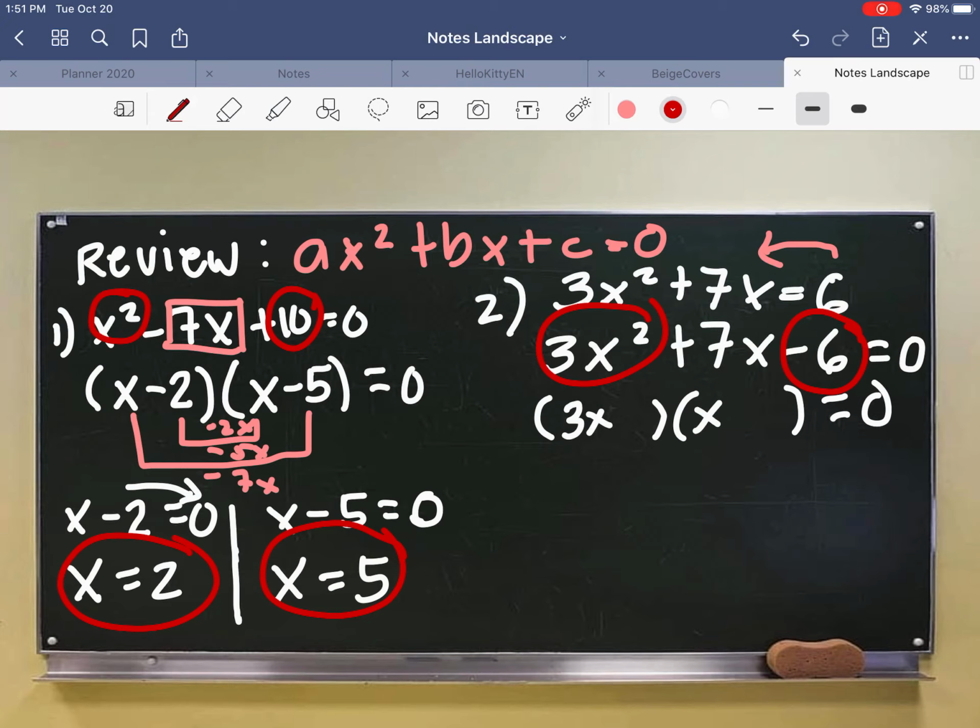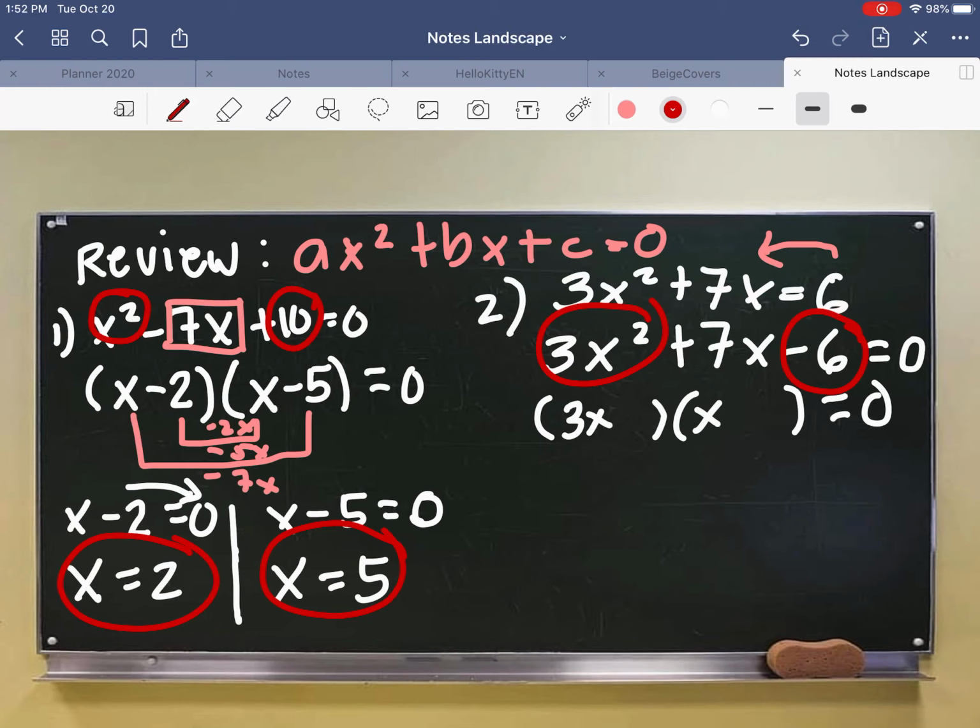Pwedeng negative 1. Ito ngayon, negative 6, ibig sabihin, magkaiba ng sign. So for example, sabi nyo, ay, negative 1, positive 6.